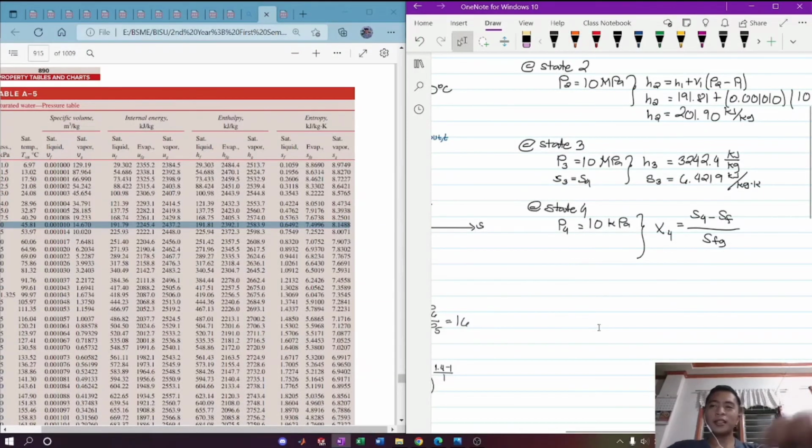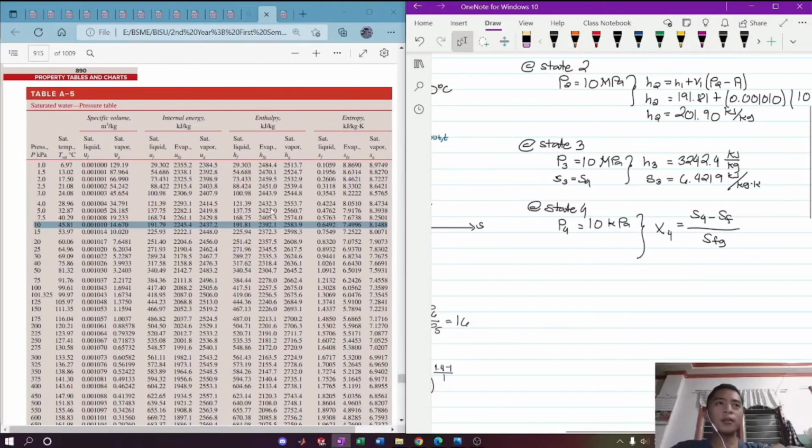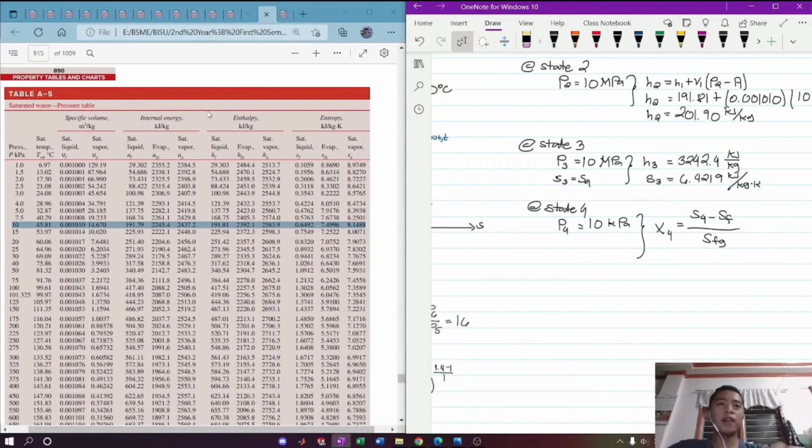So where do we find the values of Sf and Sfg? We look in Table A5 at 10 kPa pressure under evaporation for Sfg, and saturated liquid for Sf. So plug in here.